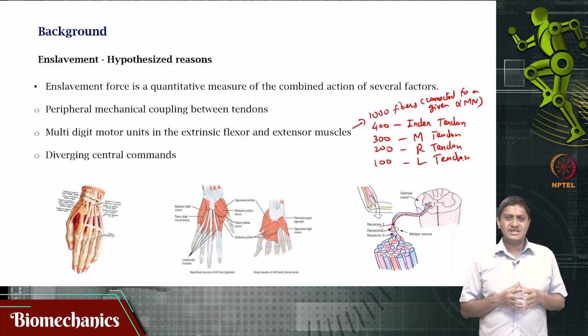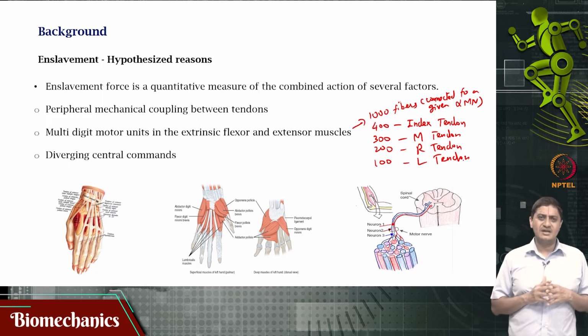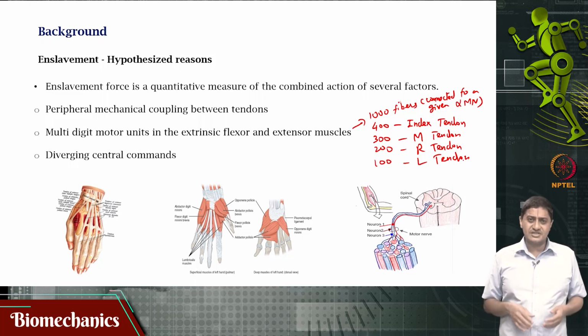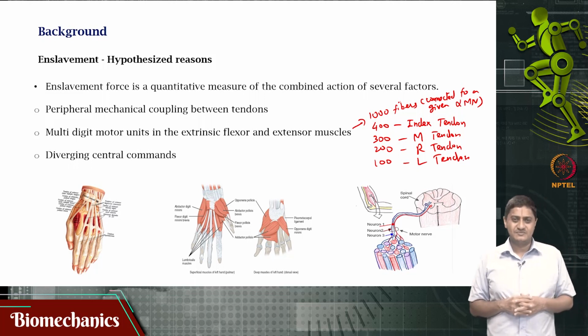Remember in last week's video we discussed how in a given region of the brain there might be neurons that send commands to different fingers but are located close to each other.